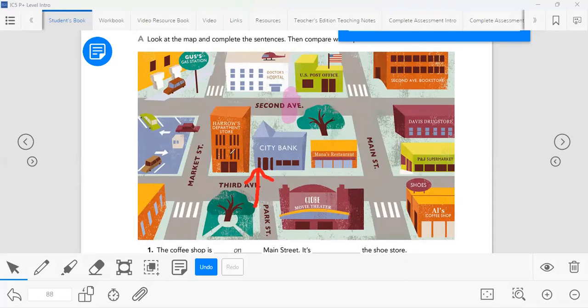Or if you come from here to the park, across from. And another across from could be here. So this is across from. This is another option.